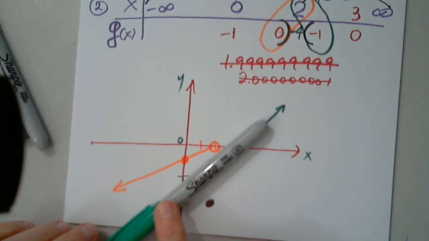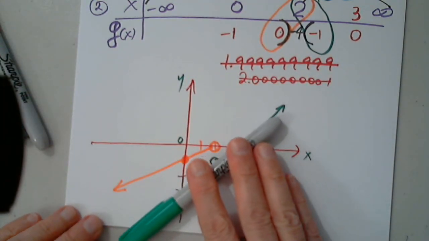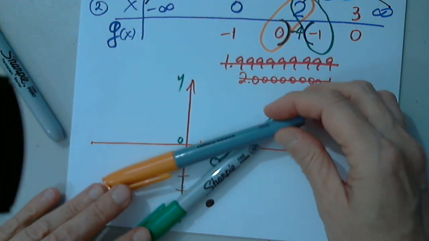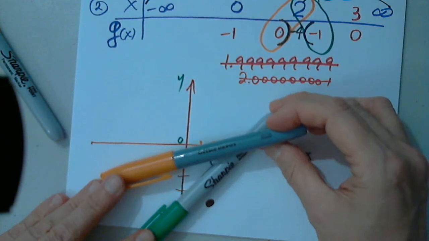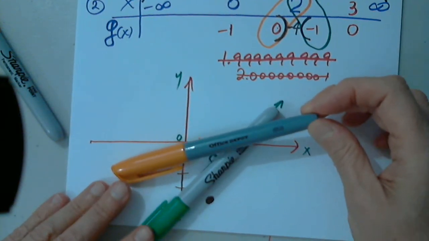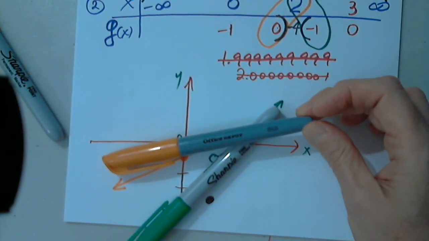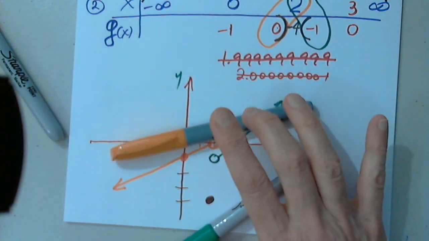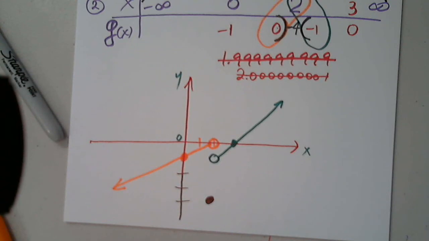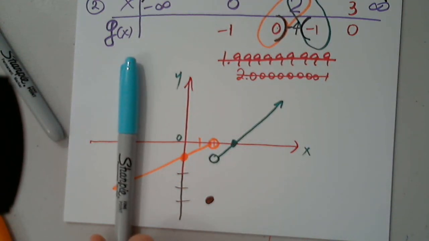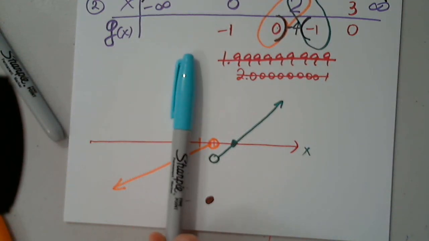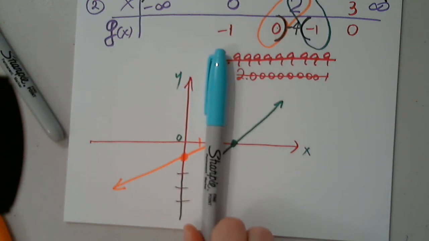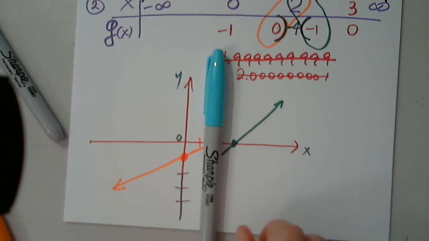If I make the mistake to extend the green to the left, and if I make the mistake to extend the whatever this color is to the right, this is no longer a function. By the vertical line test, it's not a function. That would be a terrible mistake. But now, by the vertical line test, every vertical line will cross the function in only one point.